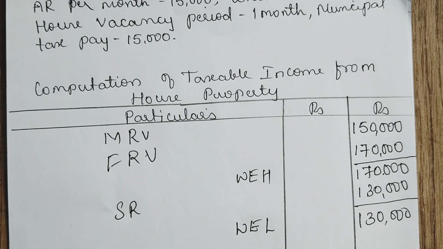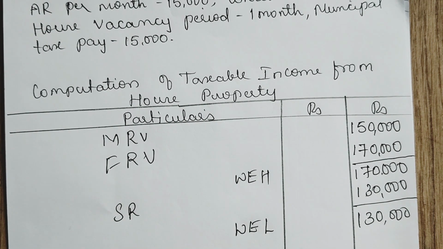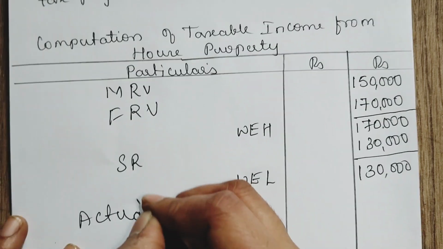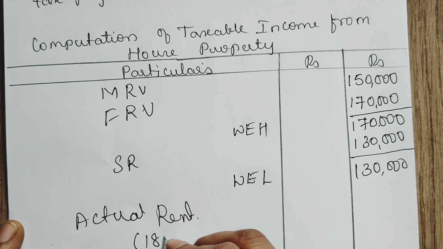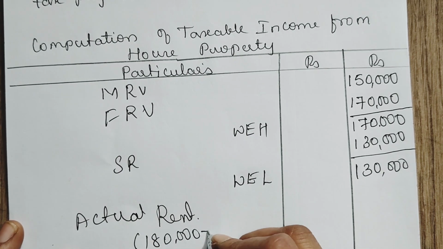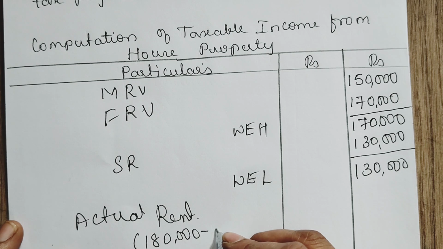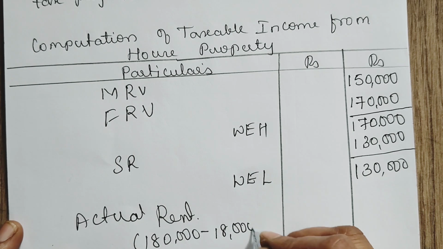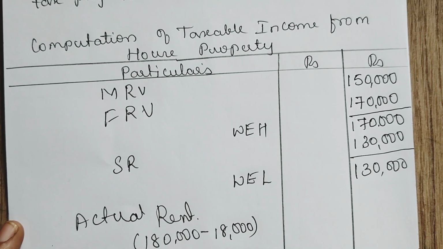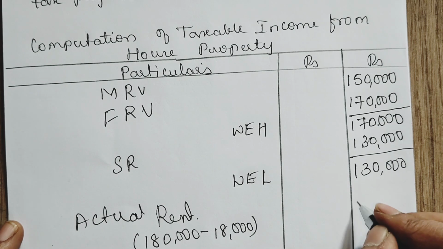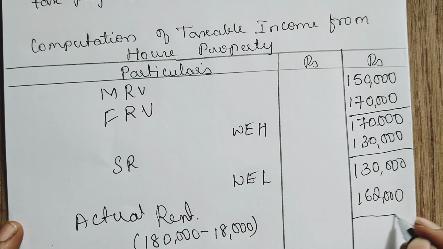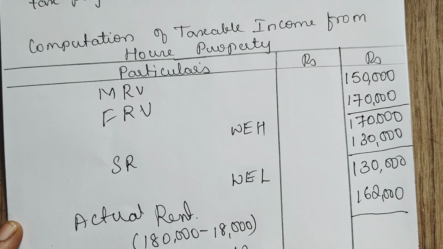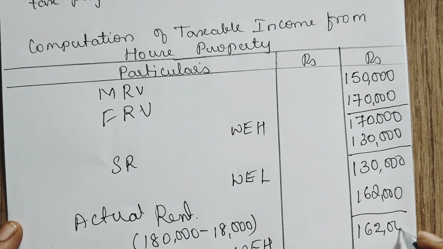Then with this we are comparing actual rent. We have actual rent 1,80,000 minus unrealized rent, that is 18,000. You have to minus 18,000 from 1,80,000, that is 1,62,000. Now whichever is higher, 1,62,000 is the higher.